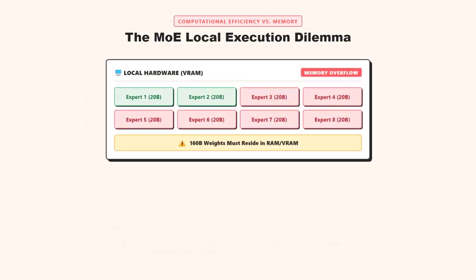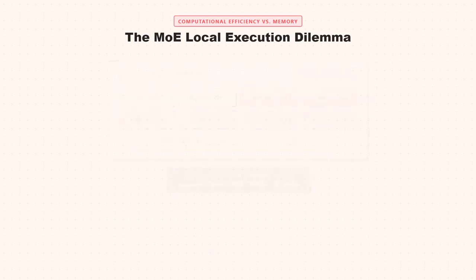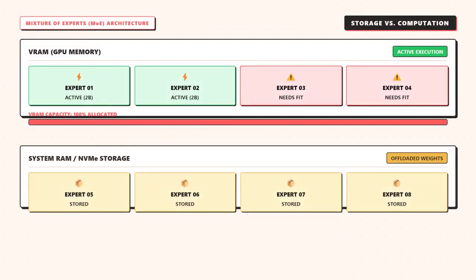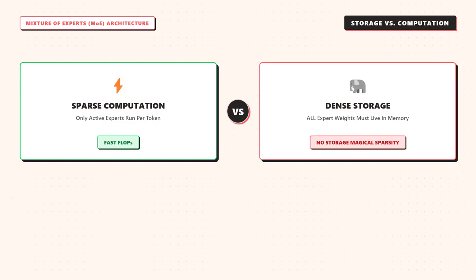That leaves out the storage problem. Unless you use aggressive offloading, all or most of the expert weights still need to fit somewhere. Offloading experts from normal system memory or storage is possible, but moving those weights repeatedly can make generation extremely slow. So MoE gives you sparse computation, not magically sparse storage.